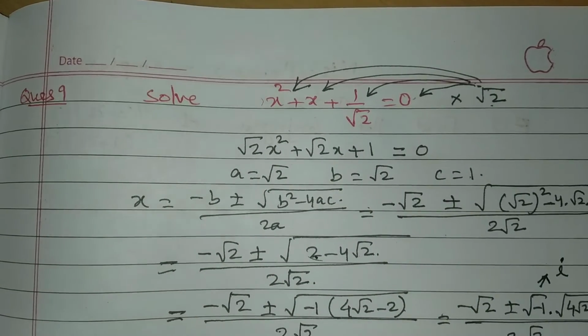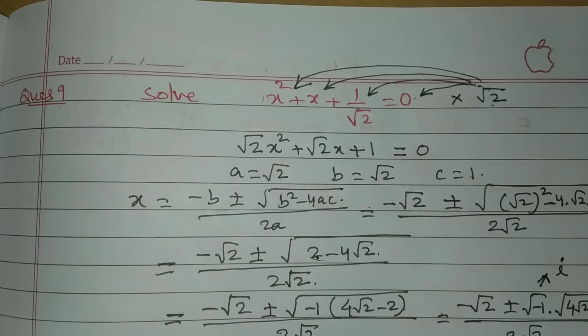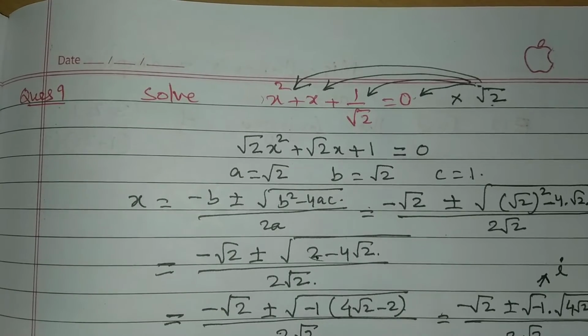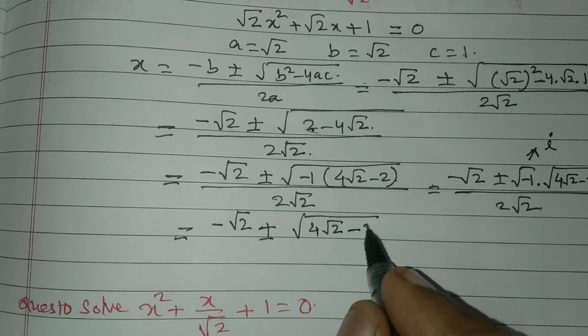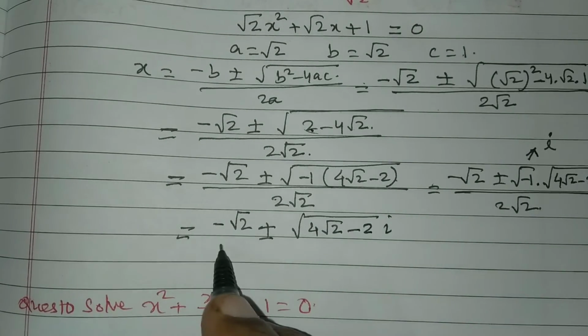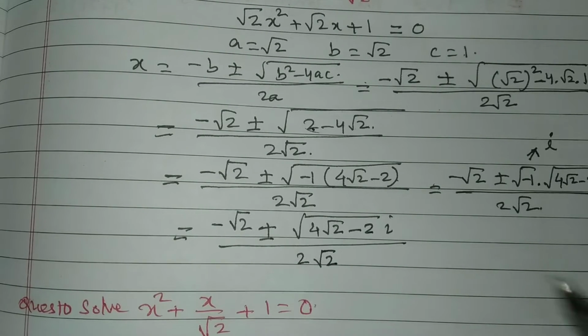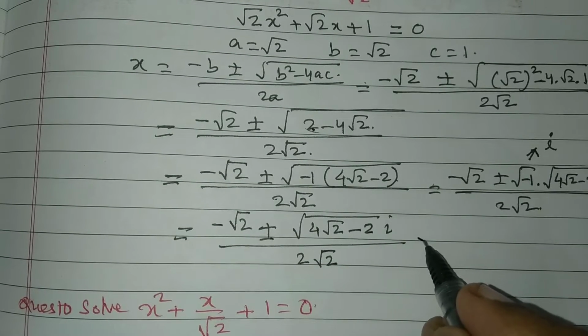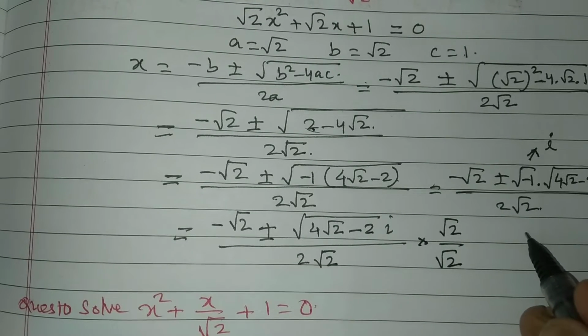In place of that I will write iota: minus root 2 plus minus i root under 4 root 2 minus 2, divided by 2 root 2.